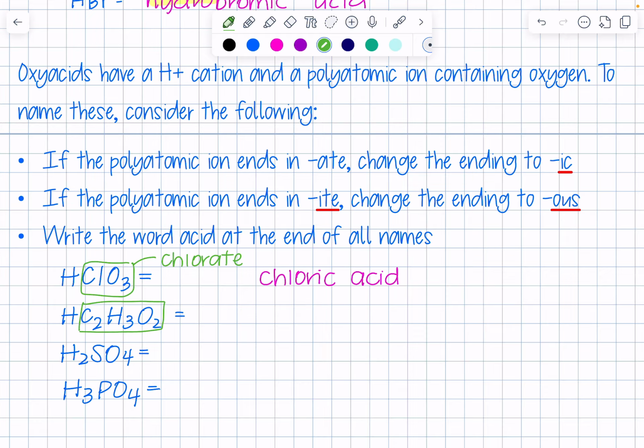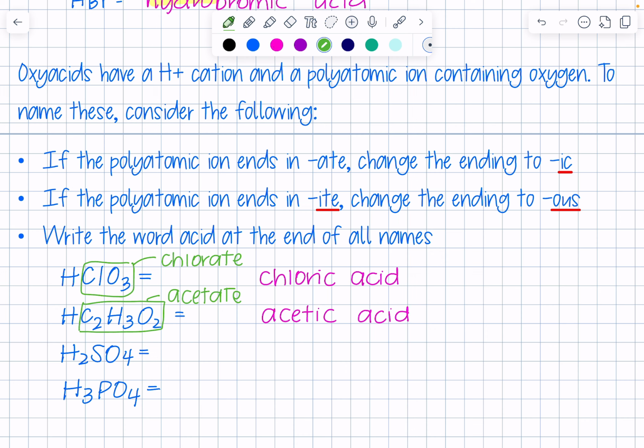All right, this guy is our acetate ion. It ends in ATE, so we change the ending to IC. So this would be acetic acid.